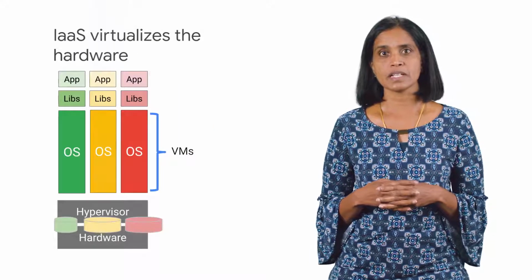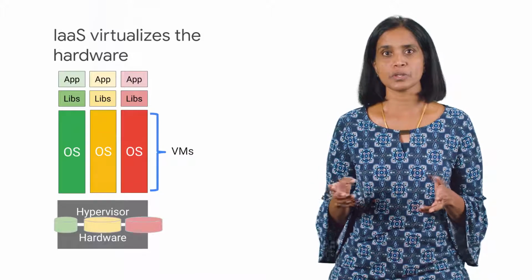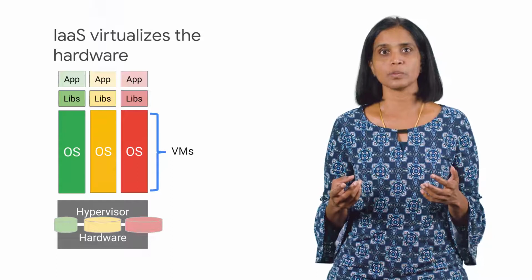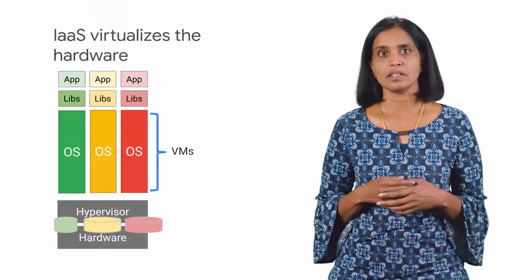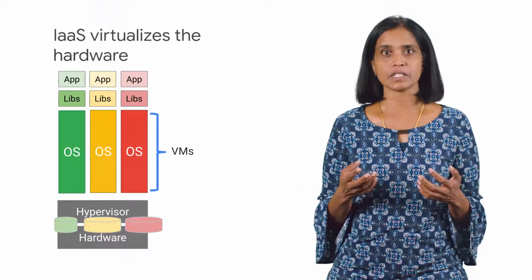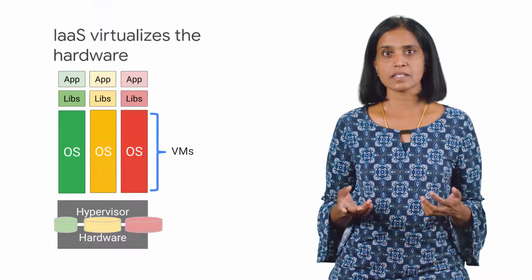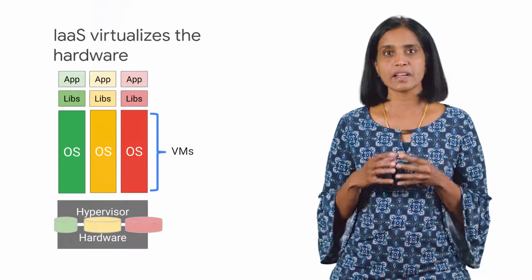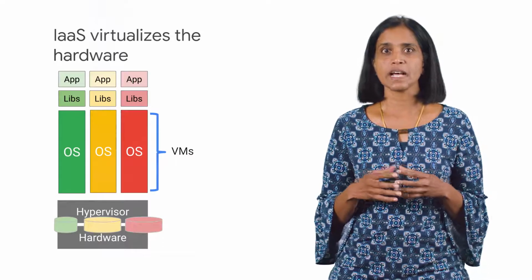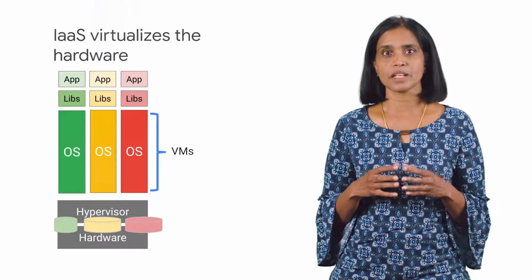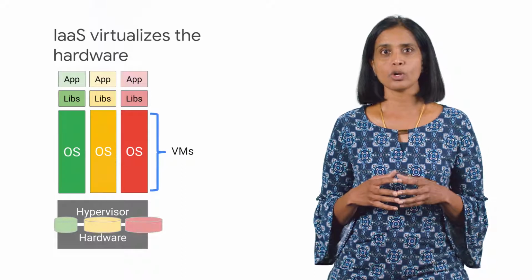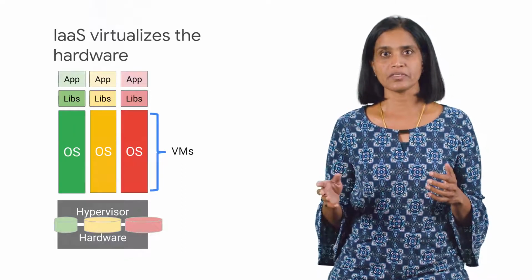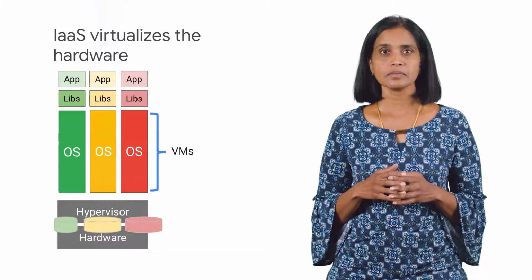Infrastructure as a service allows you to share compute resources with other developers by virtualizing the hardware using virtual machines. Each developer can deploy their own operating system, access the hardware, and build their applications in a self-contained environment with access to their own runtimes and libraries, as well as their own partitions of RAM, file systems, networking interfaces, and so on.